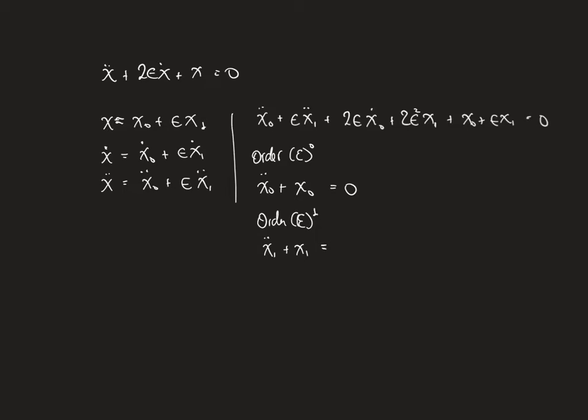So this one is gonna be minus 2x0, and that's all. So just to say, we have here 6 terms, we have here 5 terms, because this term does not enter into the game, because we are just considering epsilon 0 and epsilon 1.